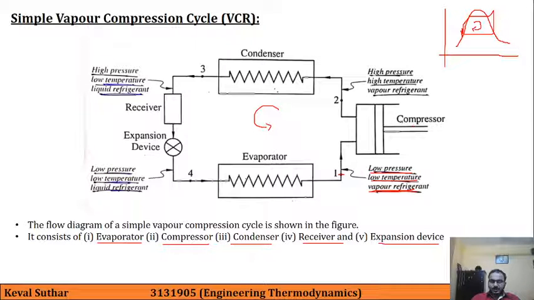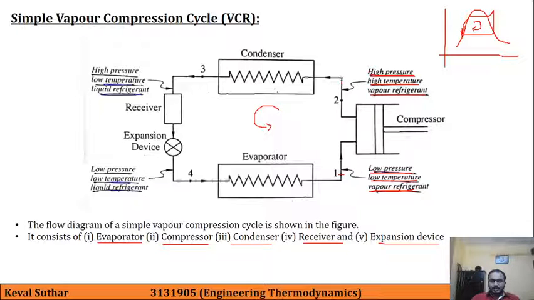So here in this compressor, this vapor is compressed and it becomes high pressure, high temperature vapor refrigerant. So this is the work of the compressor, to take it from low pressure and temperature to high pressure and temperature.